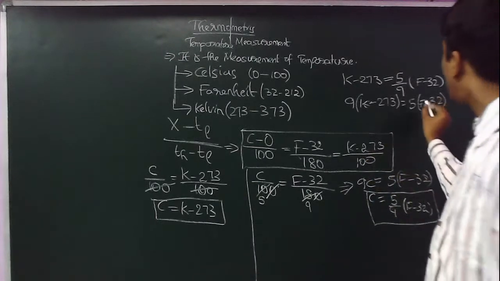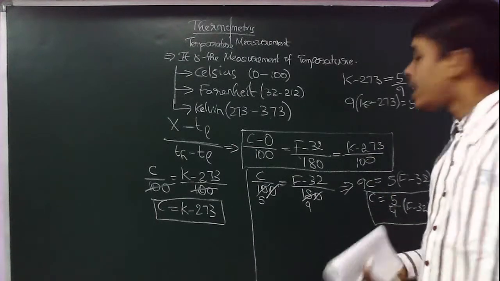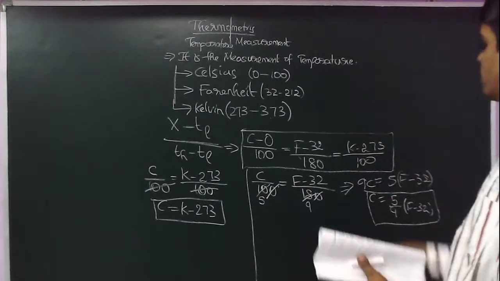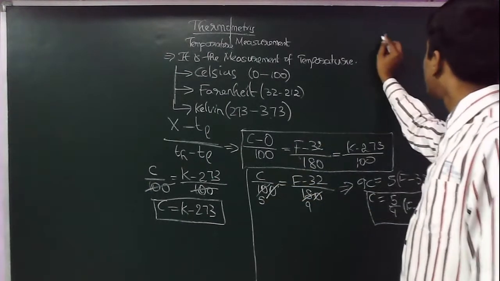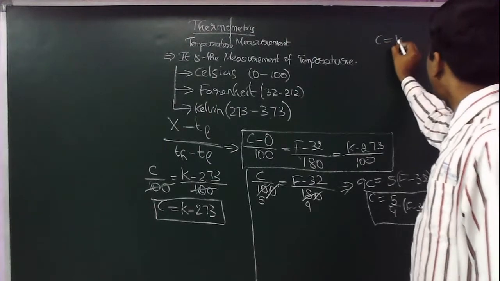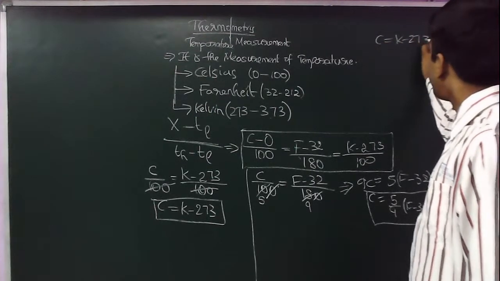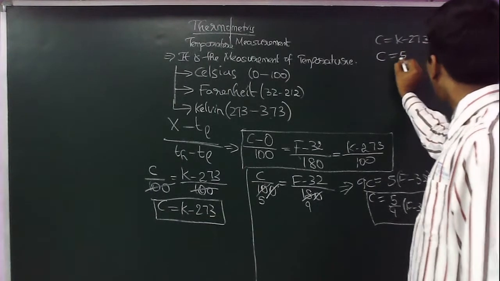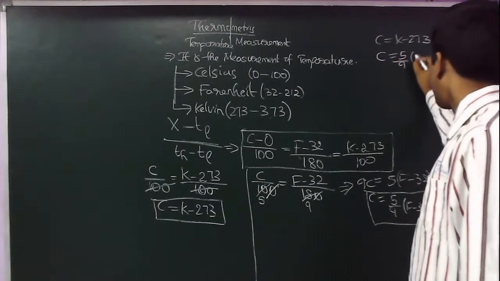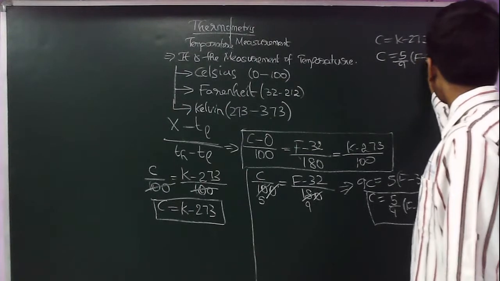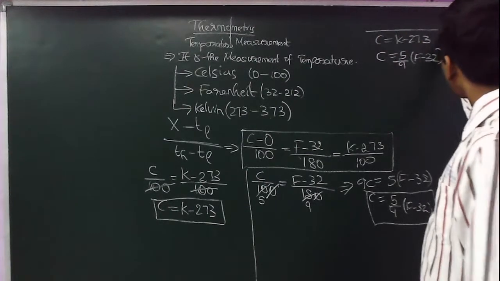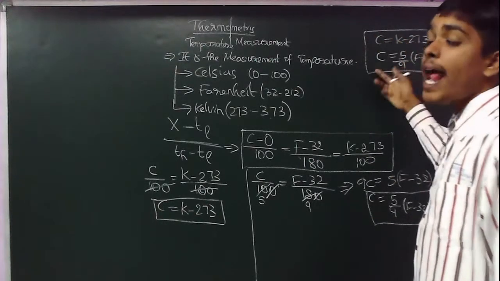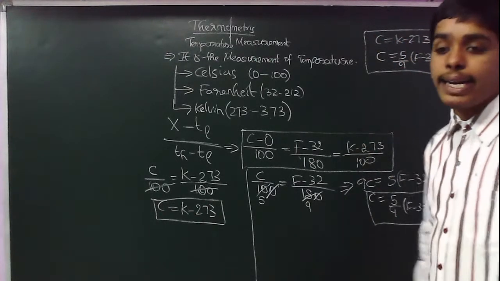Okay, this is a very long relationship, so you can neglect it. So the two are C is equal to K minus 273, and C is equal to 5 by 9 into F minus 32. This is the relationship between Celsius and Kelvin and Celsius and Fahrenheit.